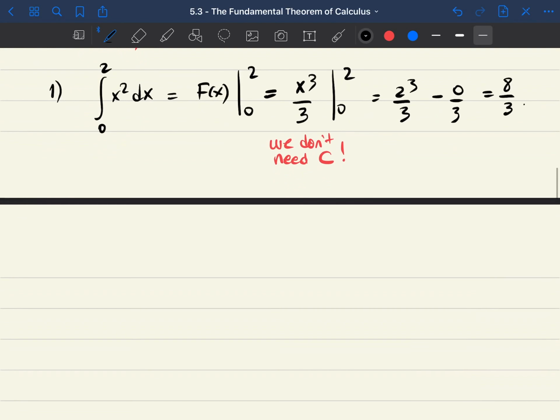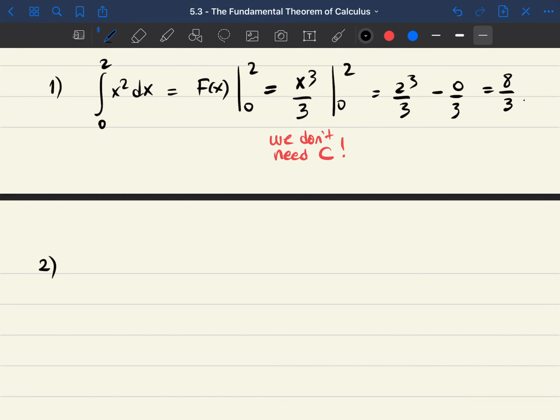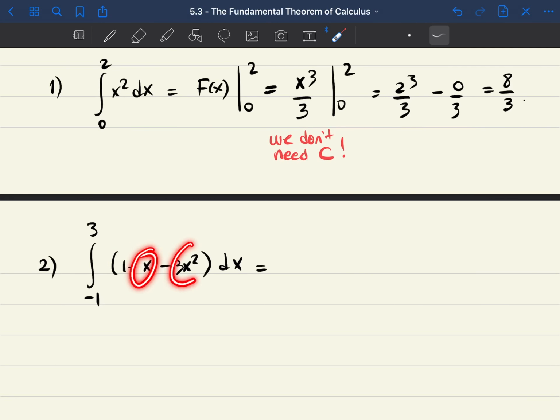Okay? So let's do another one. So let's do the integral from -1 to 3 of a longer polynomial. Let me do 1 minus x minus 3x squared to have a nicer looking antiderivative. So this is equal to, okay, so you can do the antiderivative of this function here, which is antiderivative of this plus antiderivative of that, and then antiderivative of that.